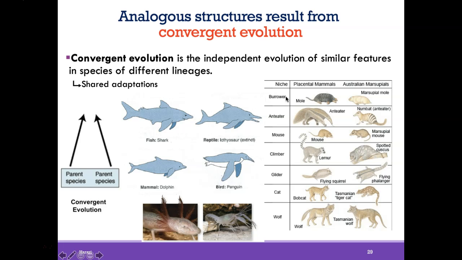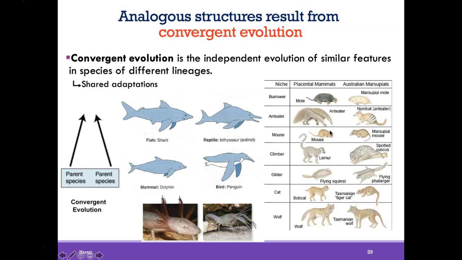As far as burrowers go, a mole that develops with a placenta looks just like a marsupial mole, but they're not related at all. It just so happened that similar environmental conditions pressured these two unrelated individuals to have similar adaptations.